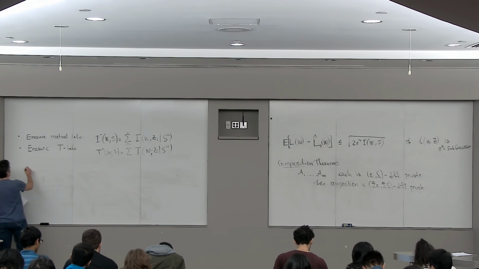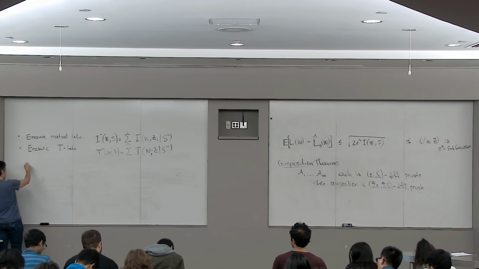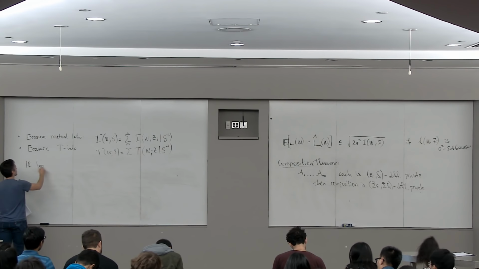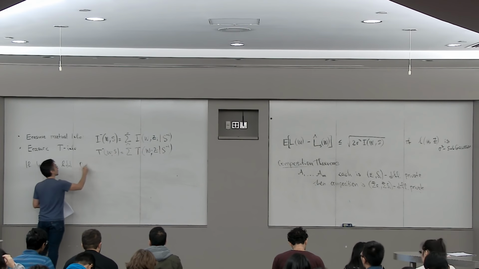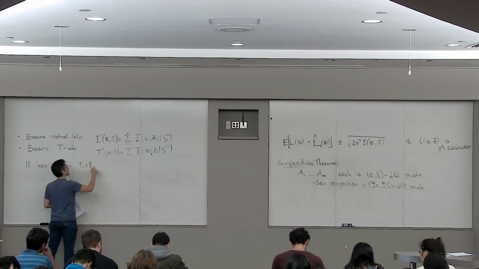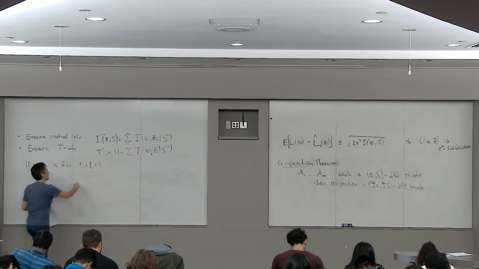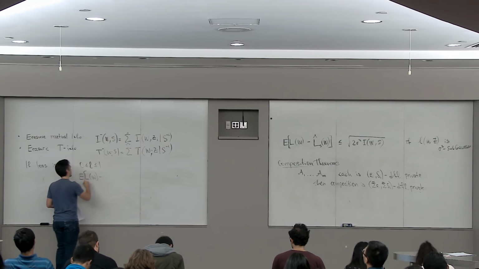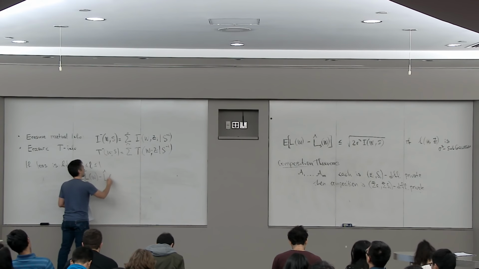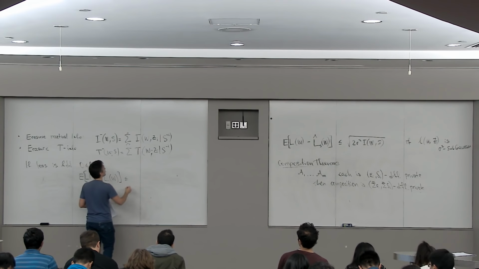Okay, so just a few nuggets of truth. If loss is bounded between 0 and 1, then expected L of W minus L hat of W is upper bounded by.